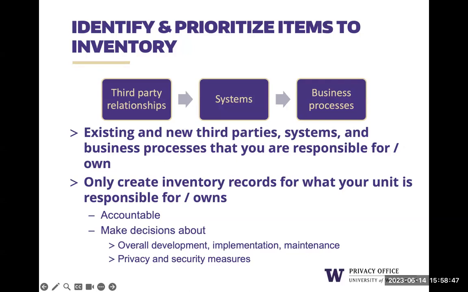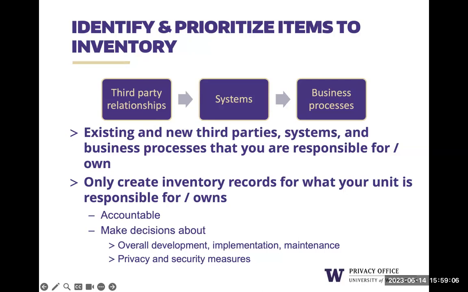We want units to only create records for what they are responsible for or own, because the data inventory is our way of documenting accountability for the risks and responsibilities associated with third parties, systems, and business processes.